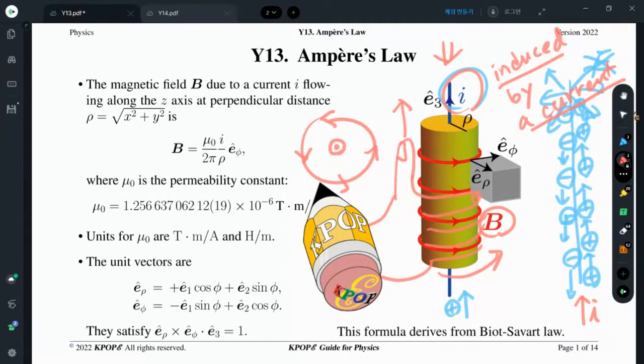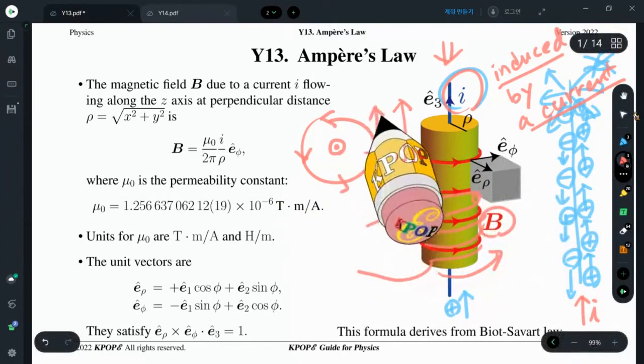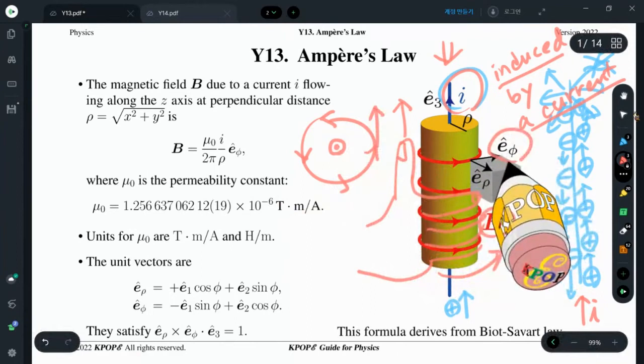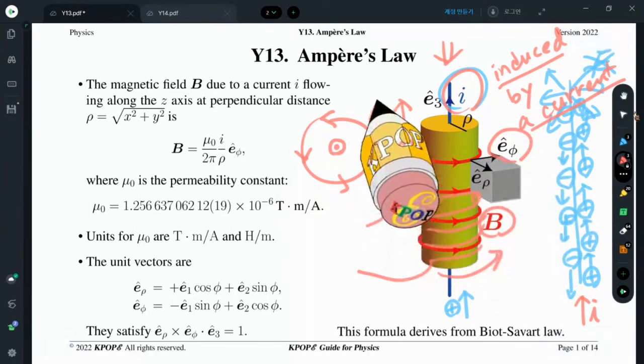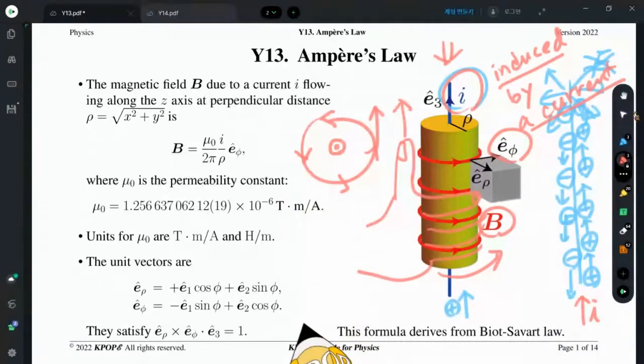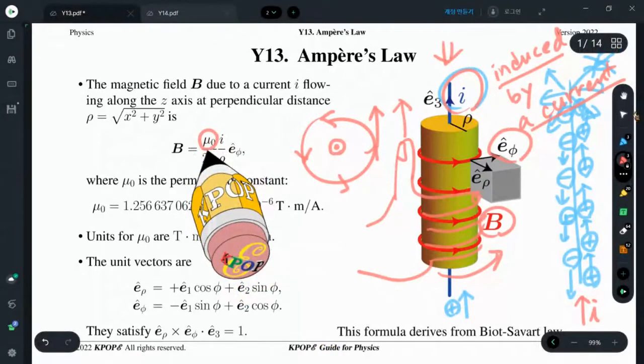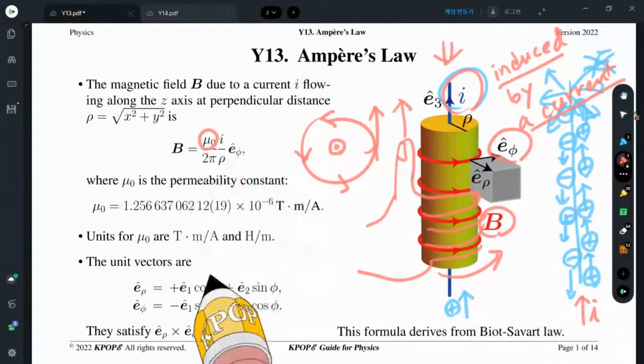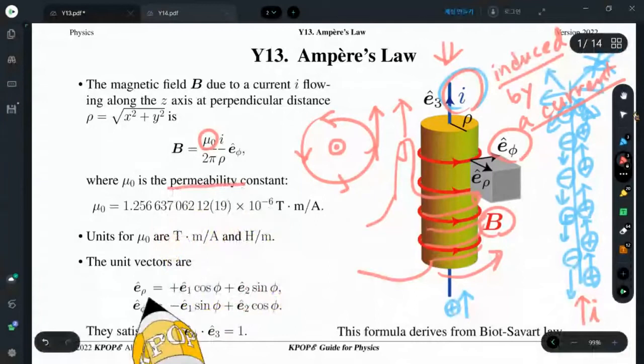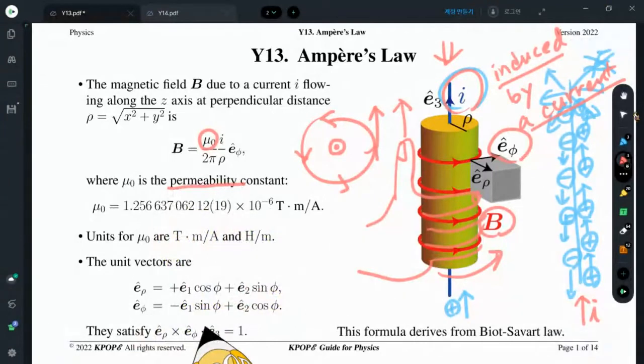The direction is a tangent. This e phi represents the direction of the tangent. Magnitude of the magnetic field: there is a constant, mu zero, that is called the permeability constant.